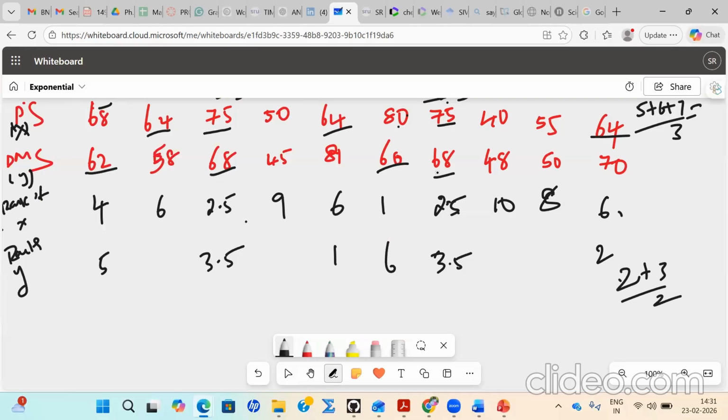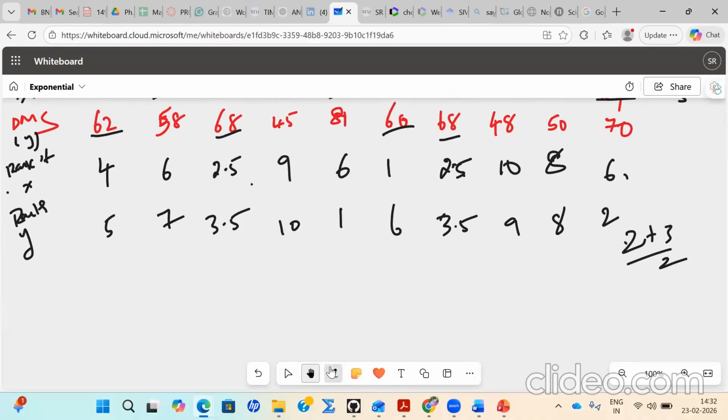Next highest is 58, which is 7. Next highest is 50, which takes 8, 9 and 10. So this is how we have to allot the ranks. The ranking mechanism is done? Any doubt in this? Okay. Next.